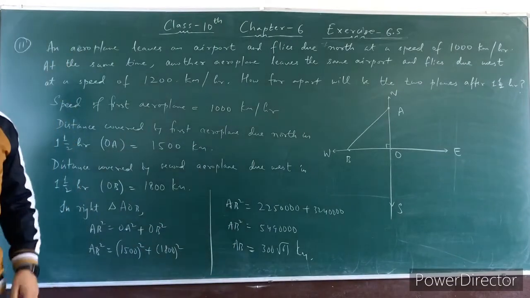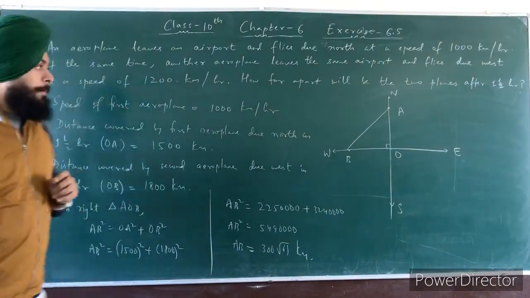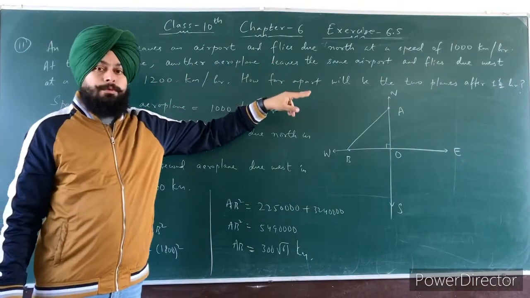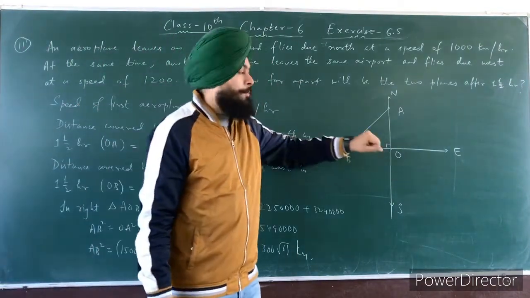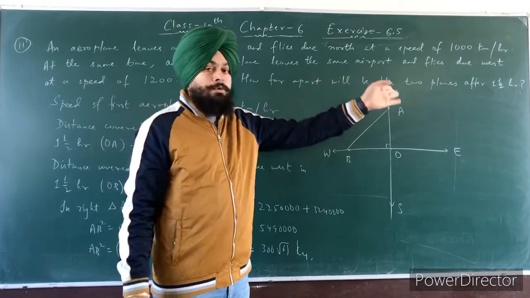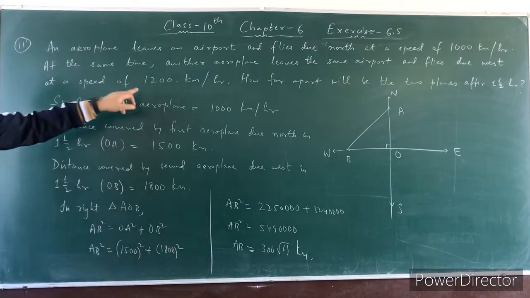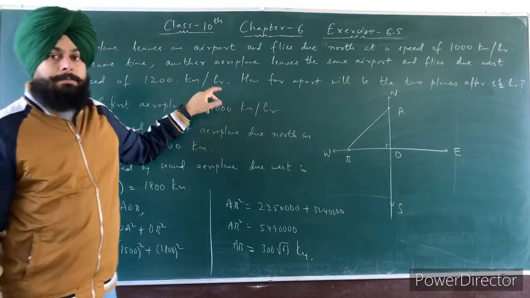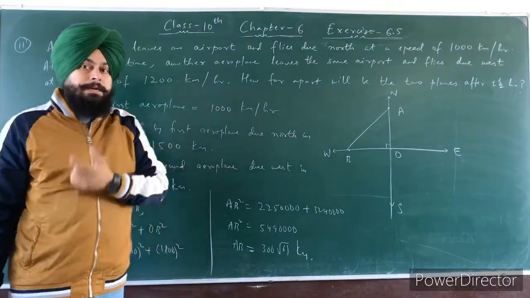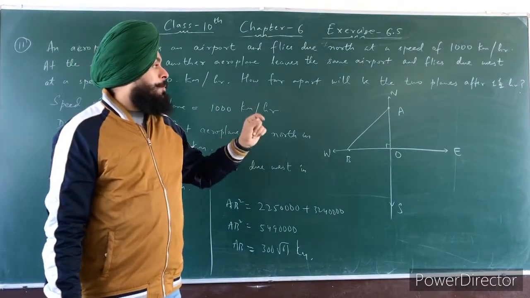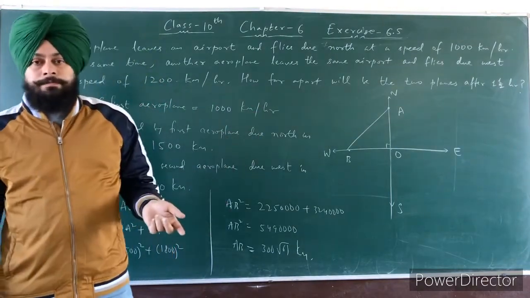It means they cover 1000 km in 1 hour. At the same time, another aeroplane leaves the same airport, same means at the same point O, and flies due west at a speed of 1200 km per hour. It means the speed of second plane is greater than the first aeroplane. How far apart will be the two planes after 1.5 hours?